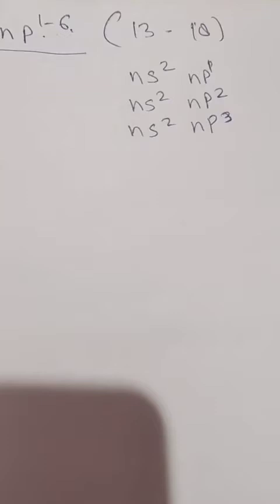If I explain here why we write this general formula, it is like ns2, it will be there, and then it will be np1, and then one electron will increase and it will become ns2 np2, then ns2 np3, and the electron will be increasing by one number, so from 1 to 6. Okay, so that's why the general electronic configuration is ns2 np1 to 6.